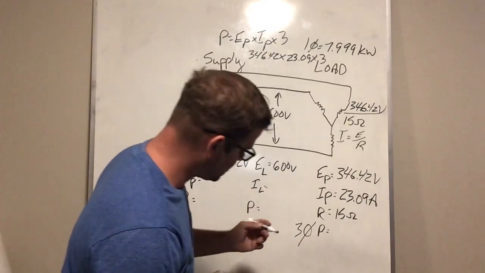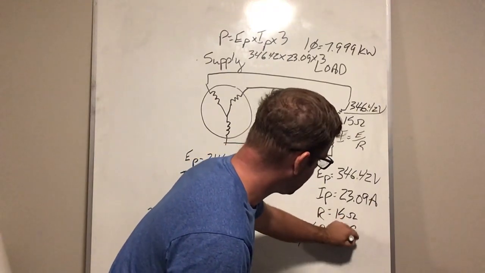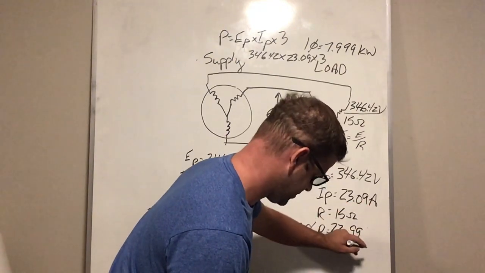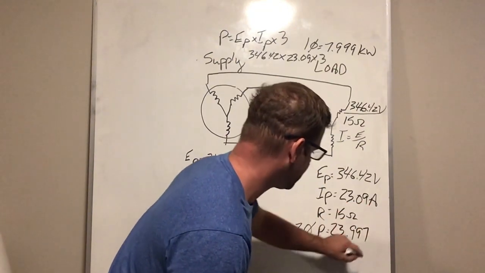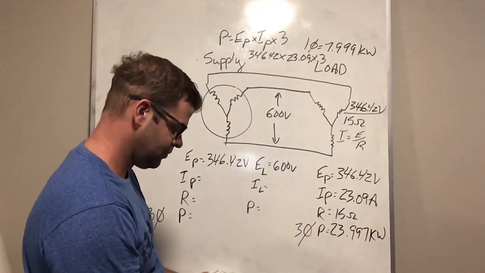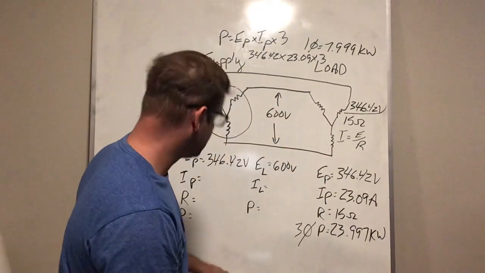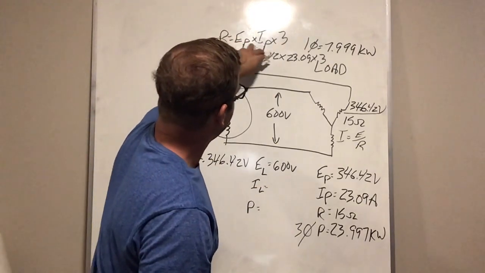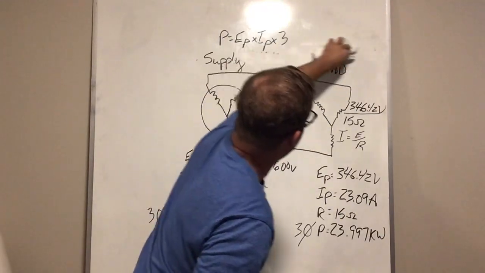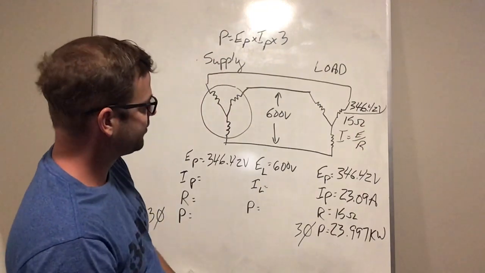And this gives us an answer of 23.996 or 7, depending on how many decimals you had left, kilowatts. So that is the total wattage for my load. So the total wattage for my load is 23.997 kilowatts.